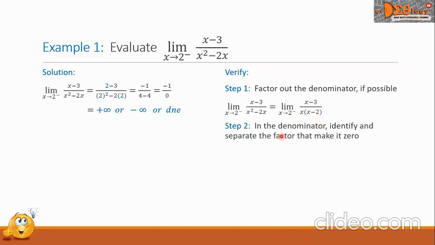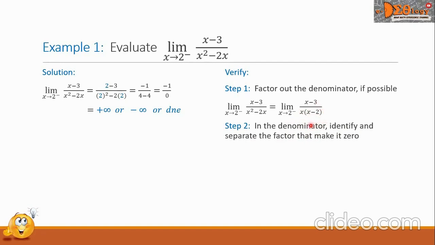Step 2, in the denominator, identify and separate the factor that make it 0. There are 2 factors in the denominator. One is x, the other is x minus 2. When we substitute the value 2 to each of the x in the denominator, we can see that the factor x minus 2 becomes 0.